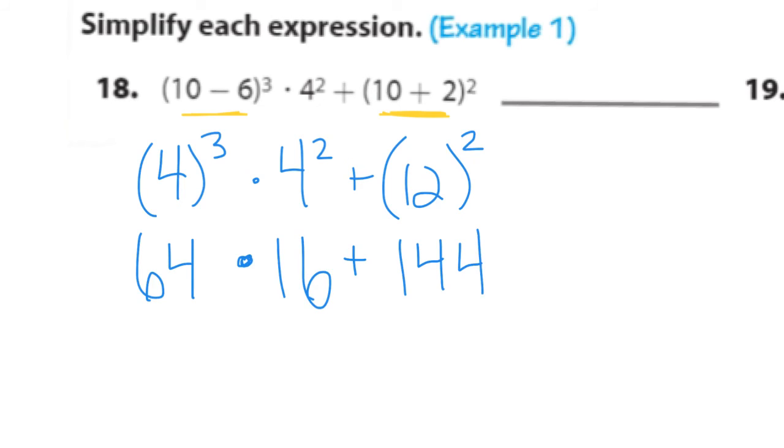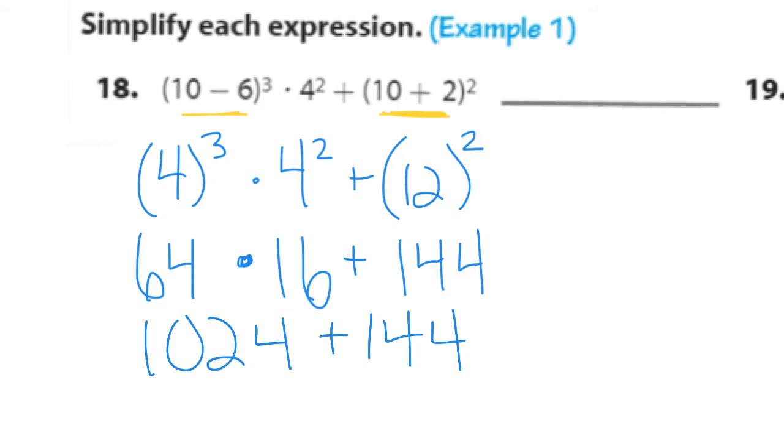Okay, so next we're going to do multiplication. So this is why you have a calculator. 64 times 16, that'll be 1024, and then add 144 to that, and you get 1,168. So it's important that you use order of operations on these.